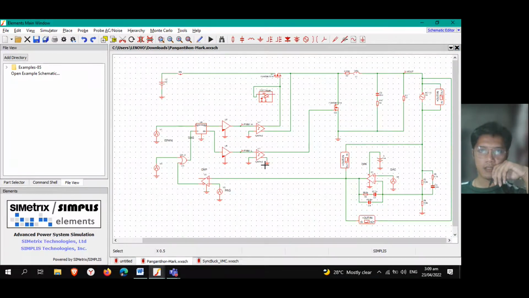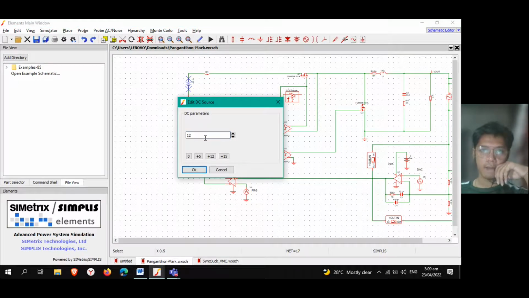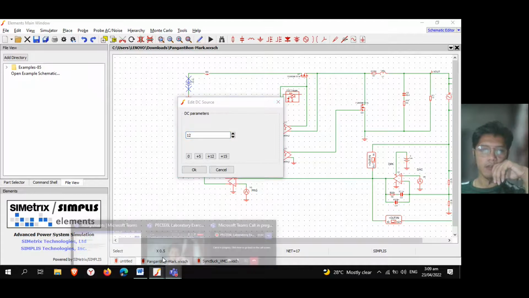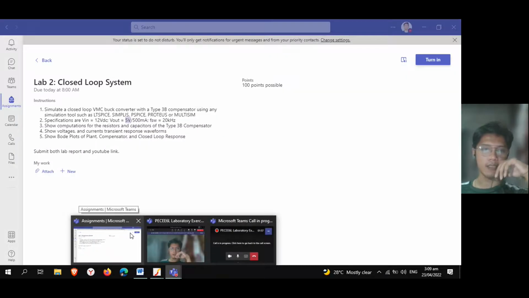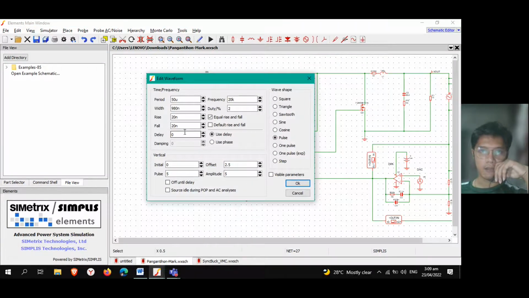So this circuit is already modified, the values have been changed. Vin is now 12 volts, which is what is required in the instruction, and the Vout is 5 volts. The frequency is also 20 kHz.